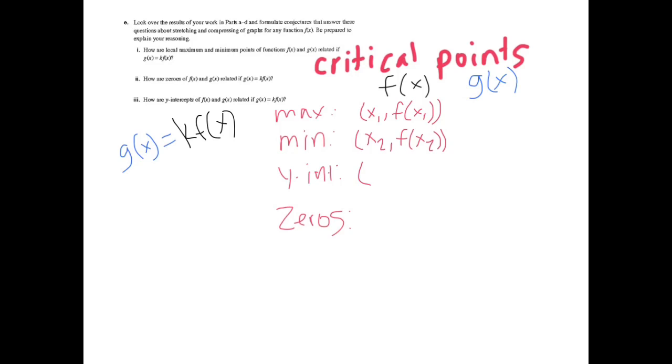The y-intercept is going to be 0, comma, f of 0. And the zeros, and there may be many zeros, no zeros, some zeros. Let's just, for the sake of argument, do a couple. Will be x4, comma, f of x4, which will be 0. And x5, comma, f of x5, which will be 0.